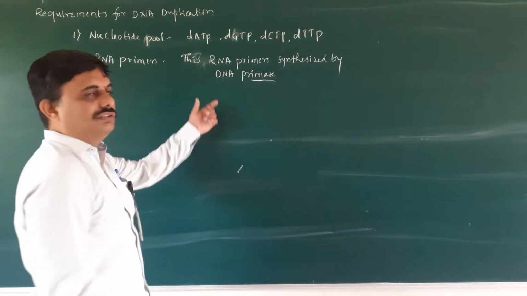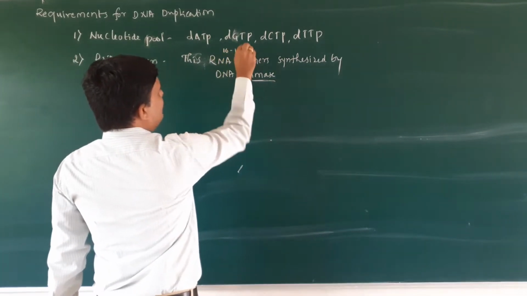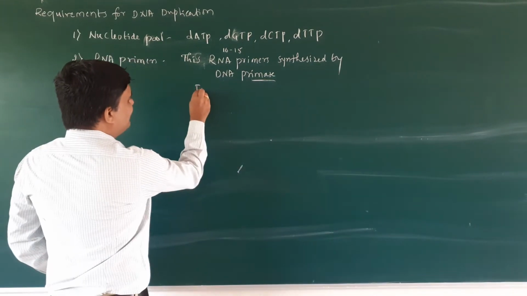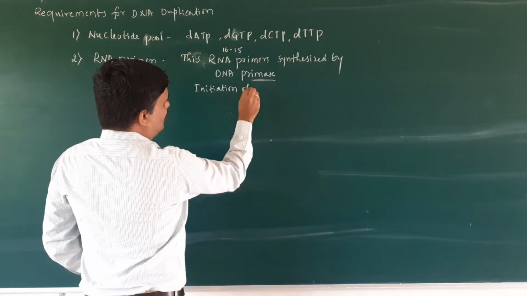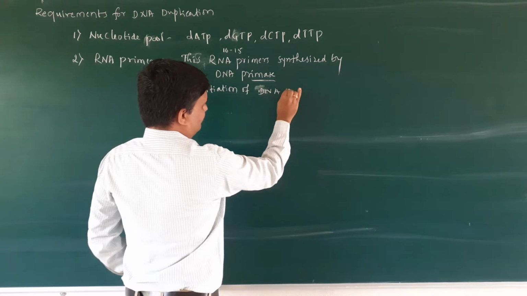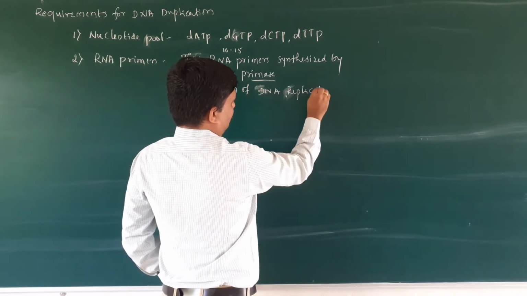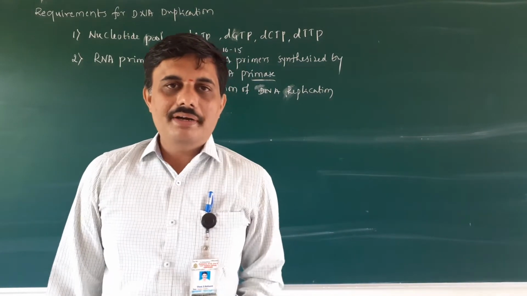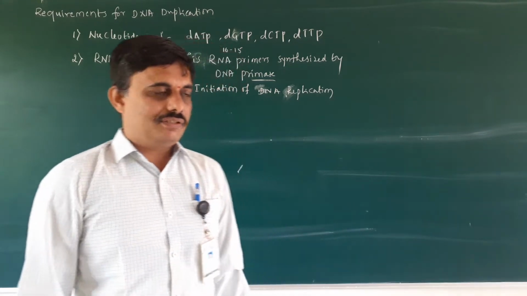It is a short RNA primer of 10 to 15 nucleotides, required for the initiation of DNA replication. The short RNA primers are required for the initiation of DNA replication.